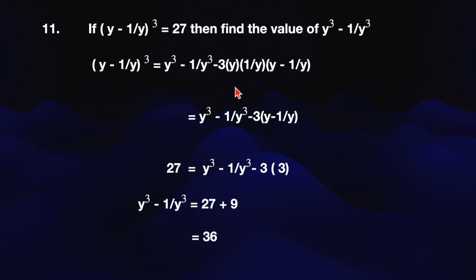We are left with 3 into y minus 1 upon y, like this. Now what is y minus 1 upon y? It is 3, because this whole cube is 27. So y minus 1 upon y is 3. Write 27 on LHS. So this is equal to 27 plus 9, that is 36.